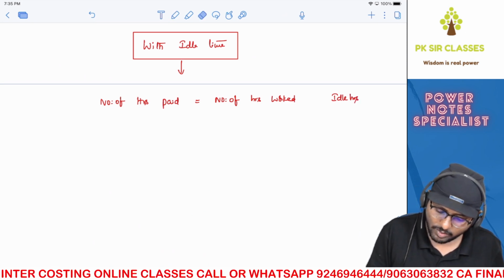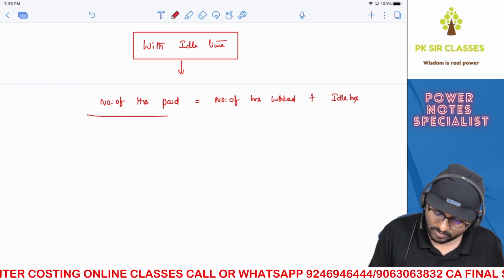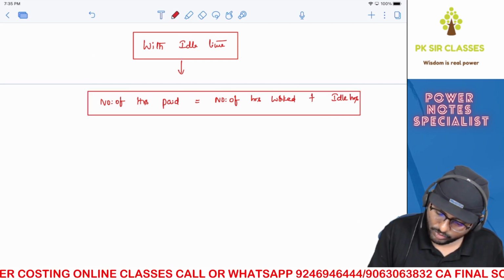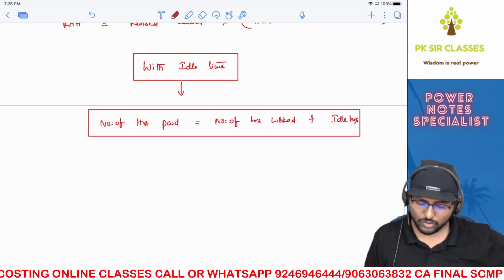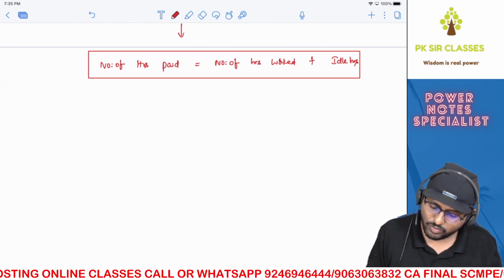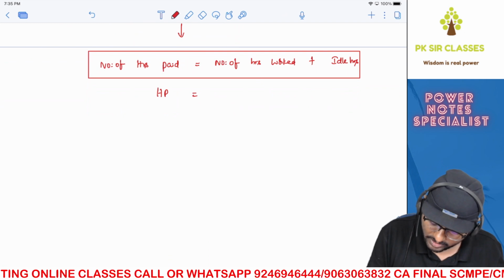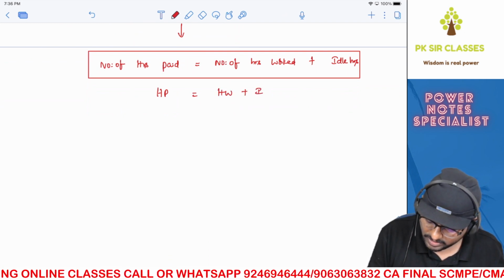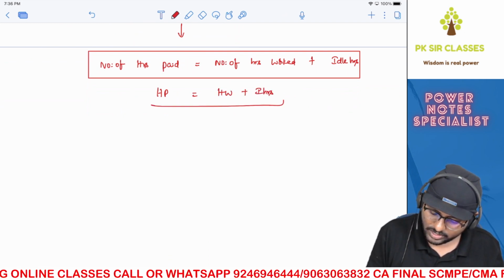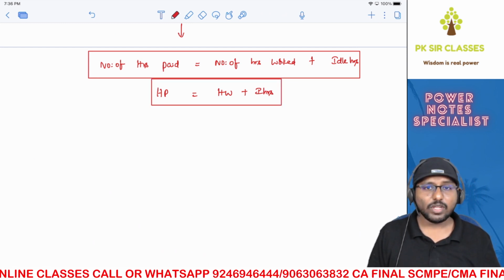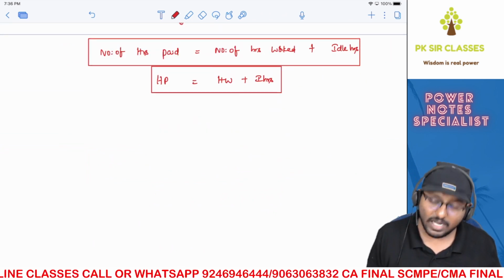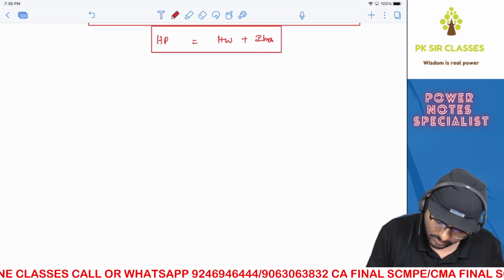If you have understood this particular equation, problem is over, which means you will be able to easily put down the labor variances with idle time. So number of hours paid is equal to number of hours worked plus idle hours. In other words, hours paid is equal to hours worked plus idle hours. So just remember this equation. It's enough. Based on this equation only, everything is going to work when it comes to with idle time. Let's see how it works.